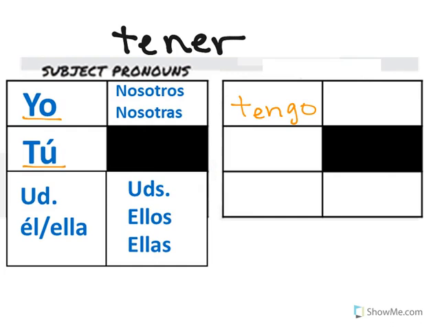Tú, you. To say you have, we can't say yo tener, and we definitely can't say yo tengo, because tengo only goes with yo. It's tú tienes. Usted, él and ella go with this box right here, and that is tiene.